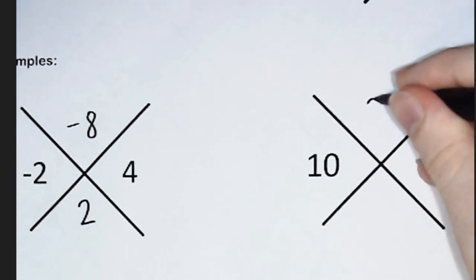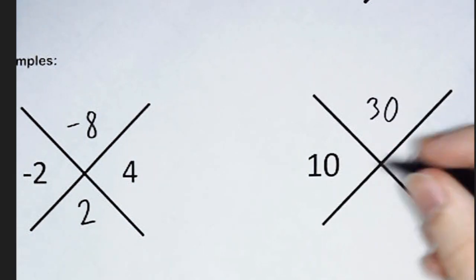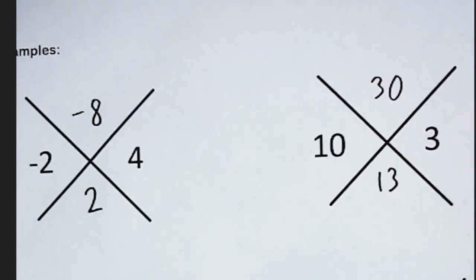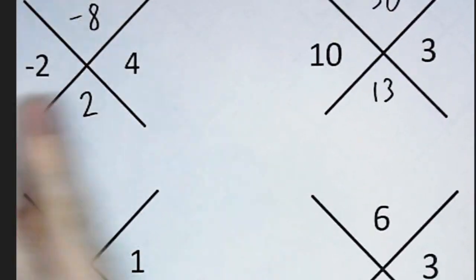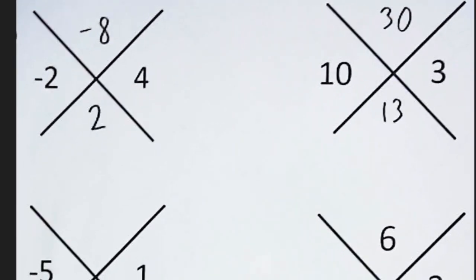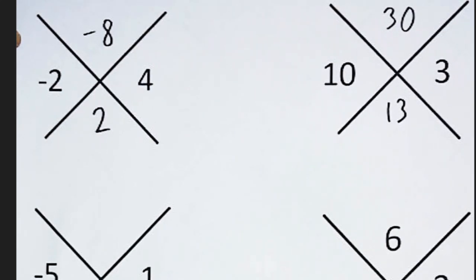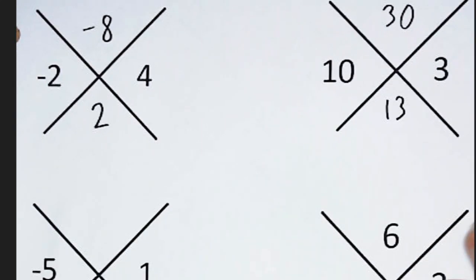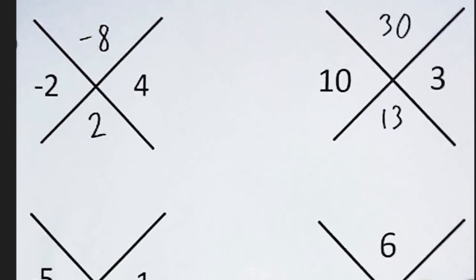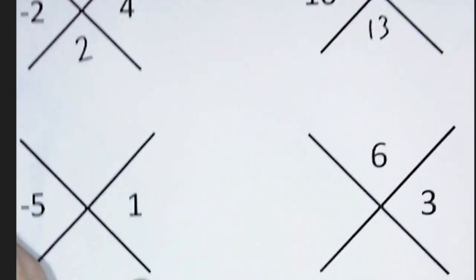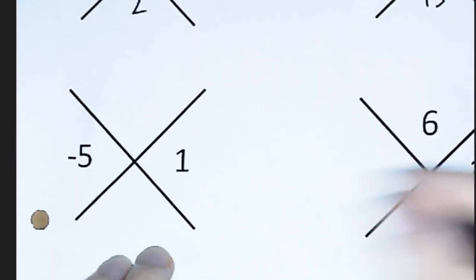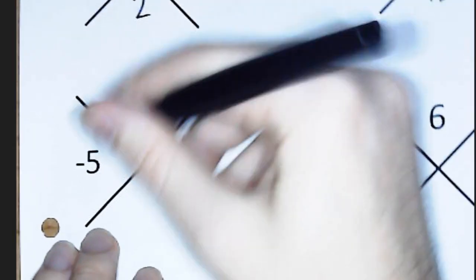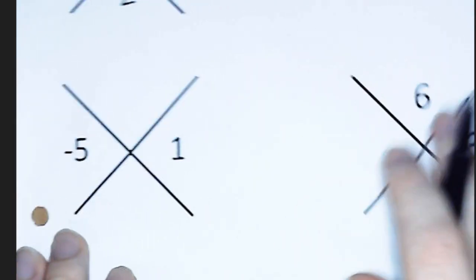We should get 10 times 3 is 30. 10 plus 3 is 13. And again, feel free to pause the video and rewind. Okay, for the next one, do it on your own real quick. Don't worry about this one yet.